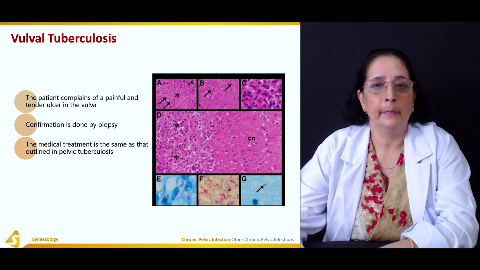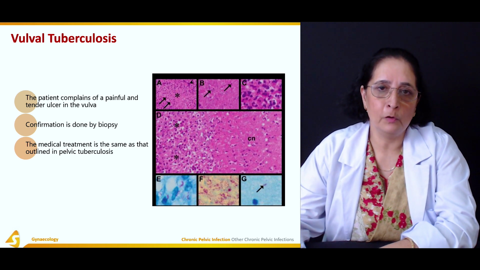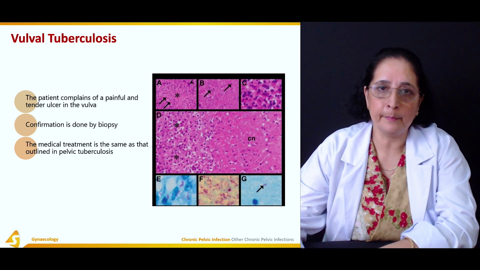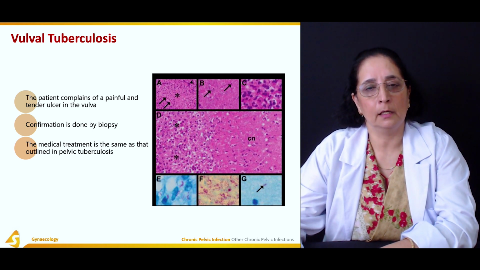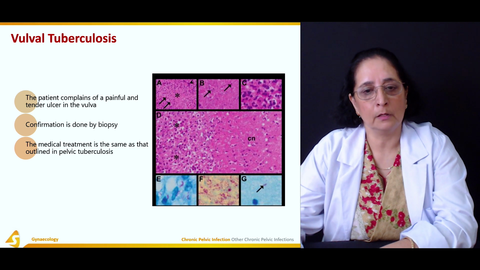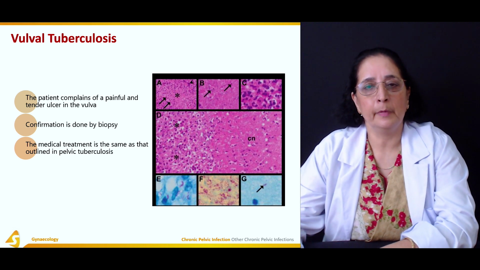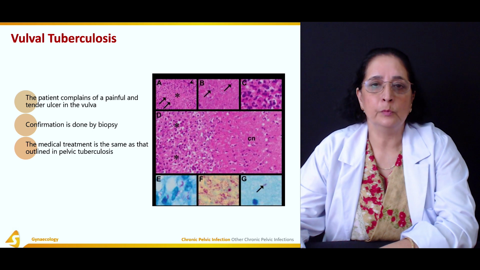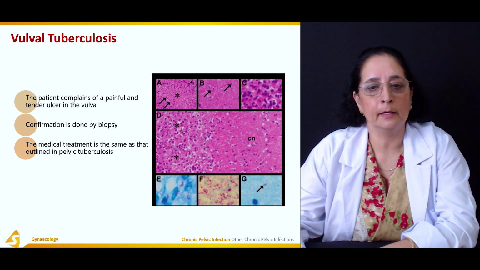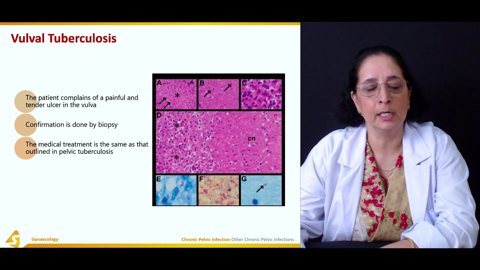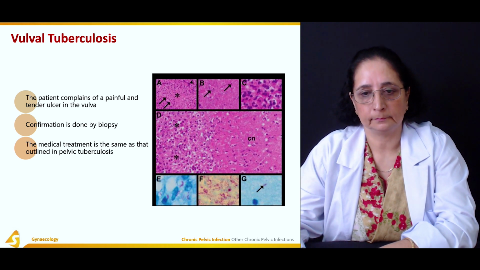The medical treatment for vulvar tuberculosis is the same as for tuberculosis present in any other organ of the pelvis. If it's confirmed that tuberculosis is present, anti-tuberculin drugs are started.